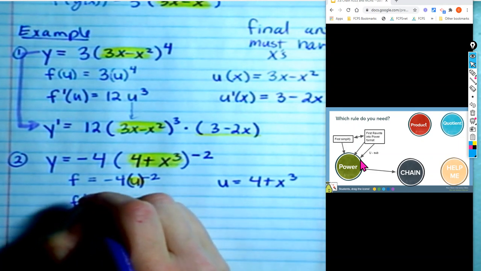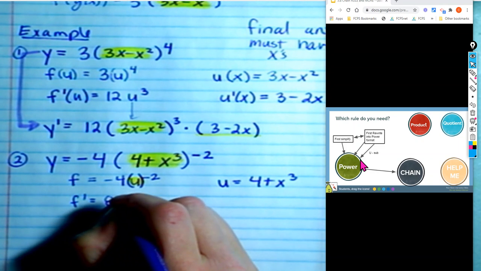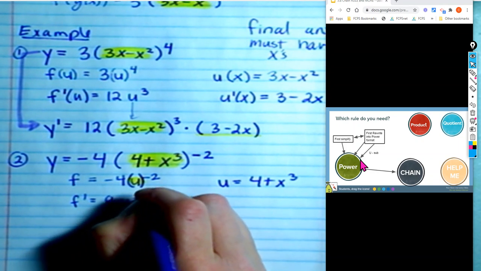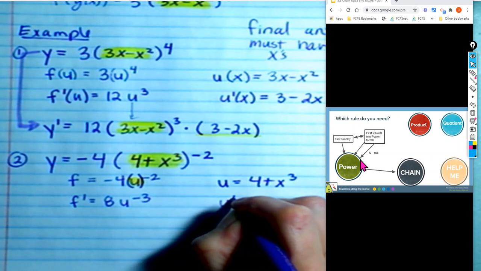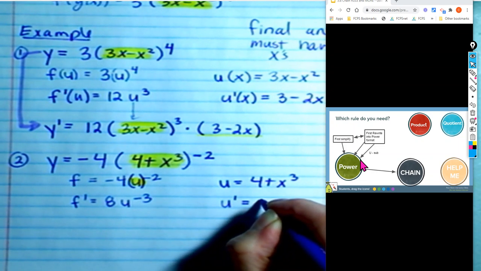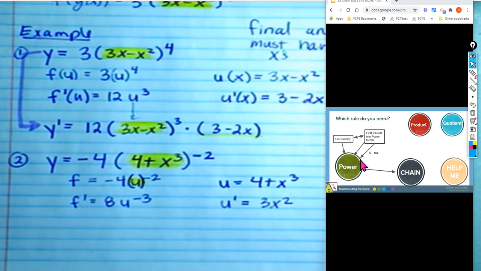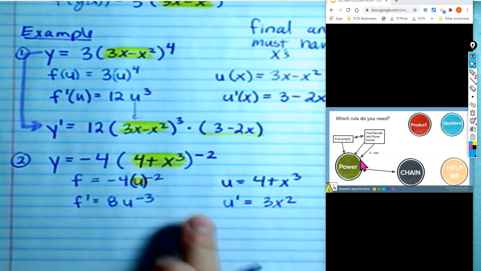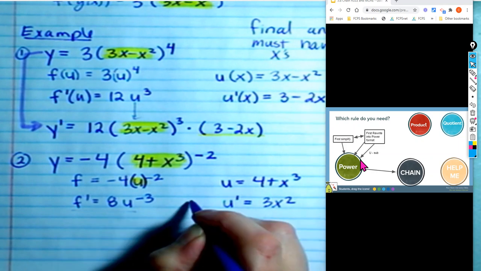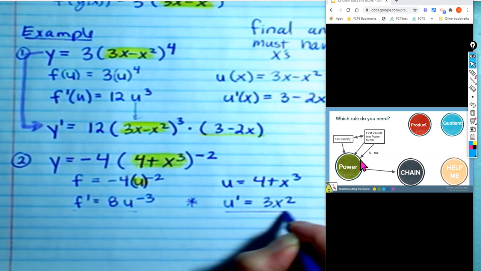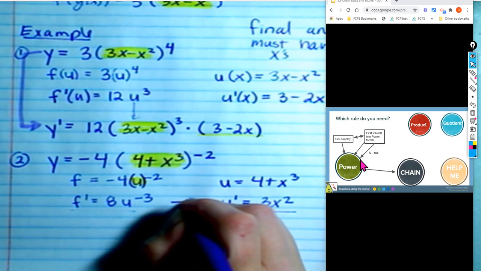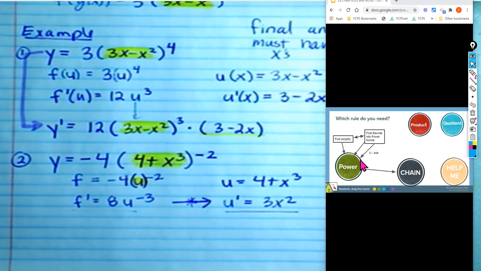Okay, f prime equals 8 u to the negative 3, u prime equals 3x squared. Okay, put it together. Outside derivative times inside derivative. We're multiplying these two things together.